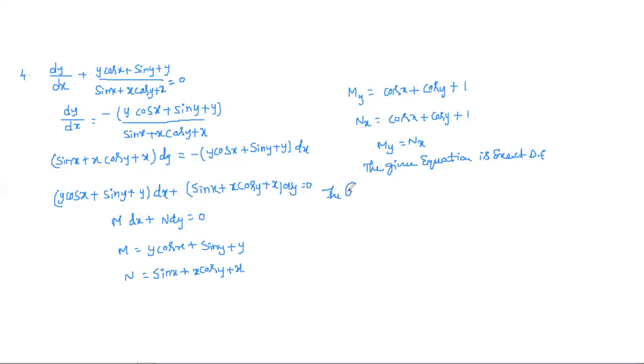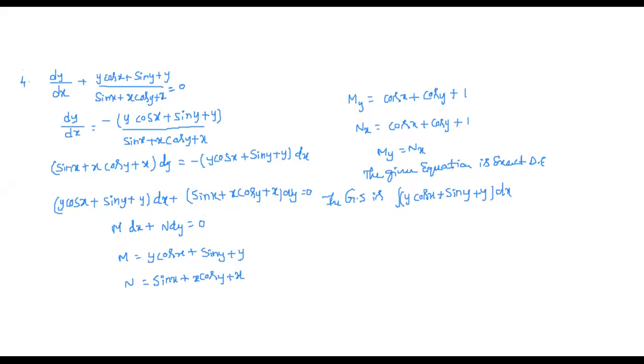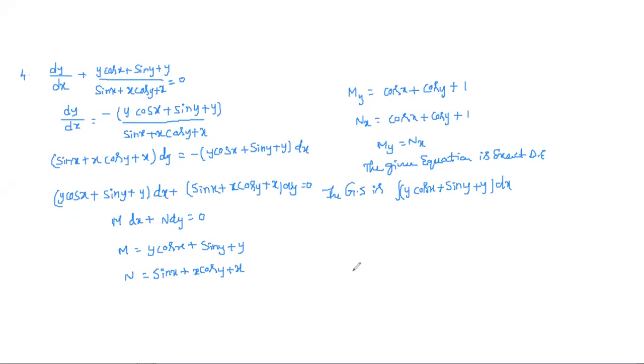Now we need to find the general solution. What about the general solution? Integral M dx, so M is nothing but y cos x plus sin y plus y, and whole dx, plus integral N dy, taking only the terms without x. So is there any term in N without x?